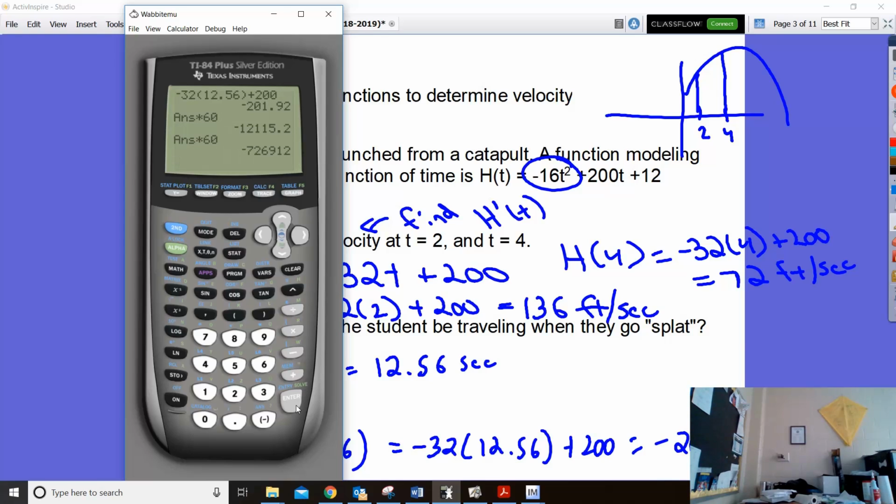How many feet in a mile? Divided by 5280. That's how fast the kid hits the ground. Not at negative 137 miles per hour. It's negative because he's going down. Okay? The kid hits the ground at 137 miles per hour. Dead.